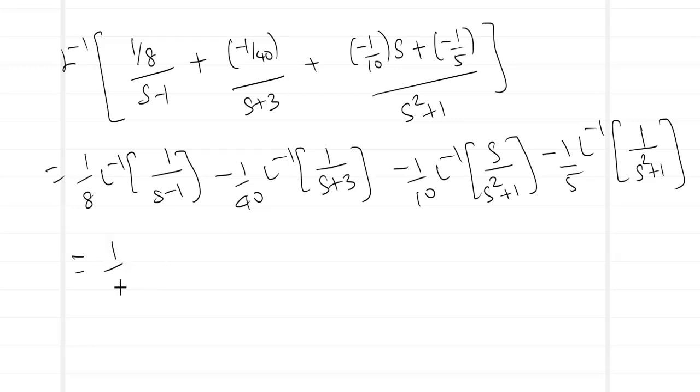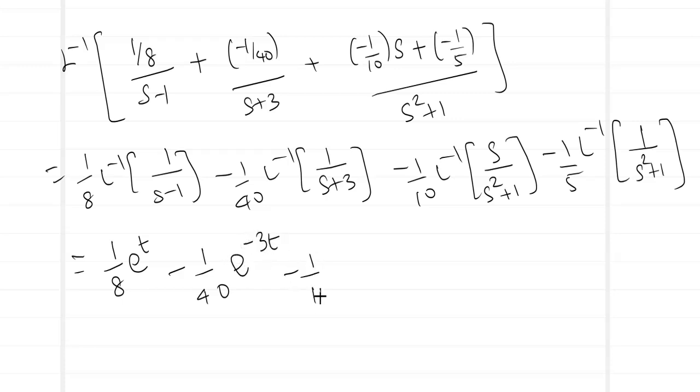So this makes it 1 by 8 times e to the power of plus t. The next term will be minus 1 by 40 times Laplace inverse of 1 by s plus 3, which gives me e to the power of minus 3t.